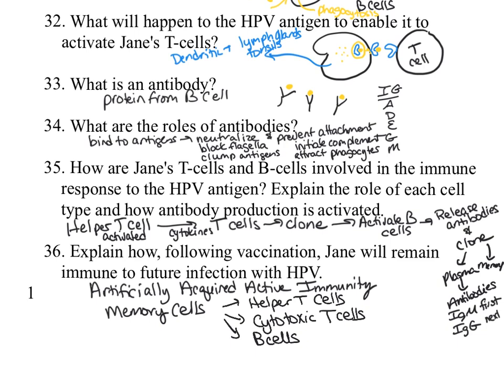If the antigen is encountered again, the secondary response is quicker, and the level of antibodies specific to HPV, IgG in particular, rises faster and higher than the initial response. The antibodies produced during the secondary response are more effective at combating the antigen and can defeat the infection before any symptoms develop.